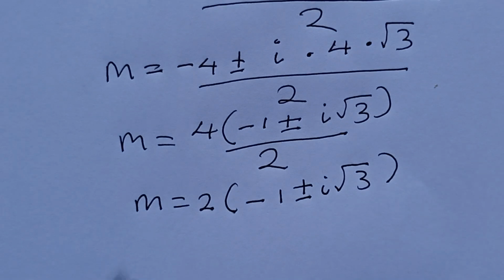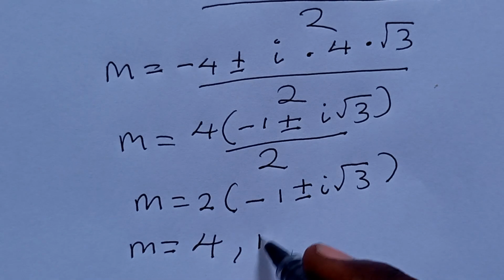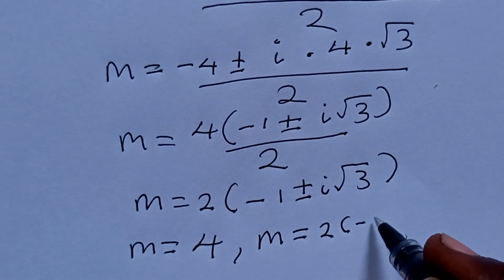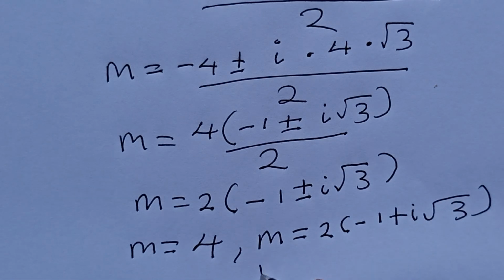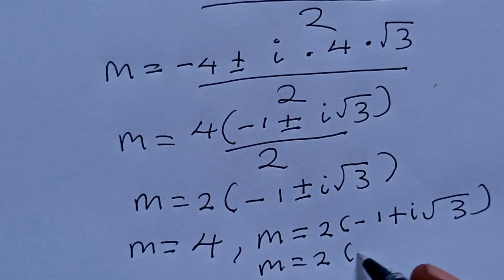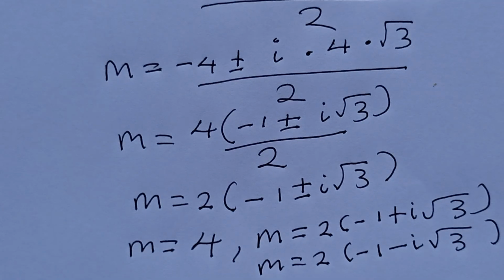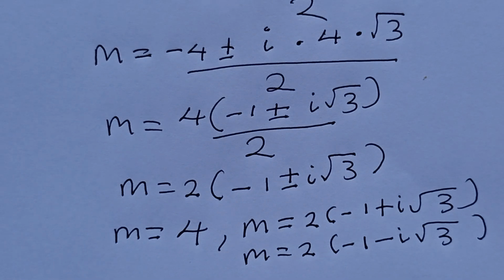So now, remember initially we had m as 4, and now we have m as 2 into the bracket of minus 1 plus i root 3, or m is equal to 2 into the bracket of minus 1 minus i root 3. So we have 3 solutions, 1 real solution and 2 complex solutions.